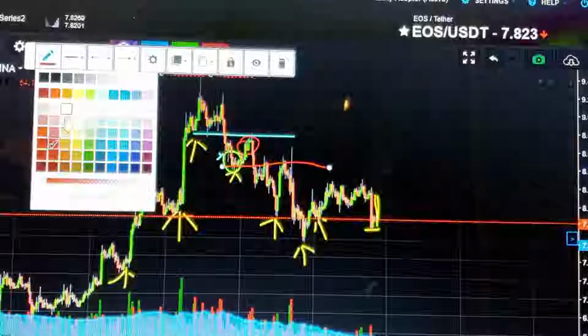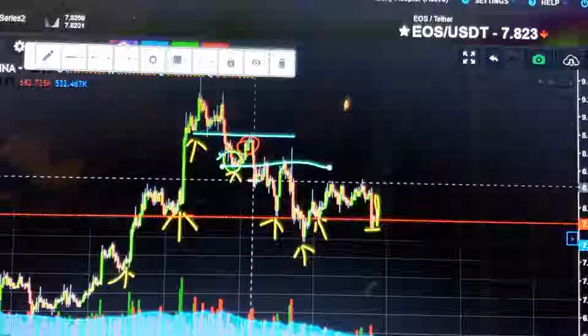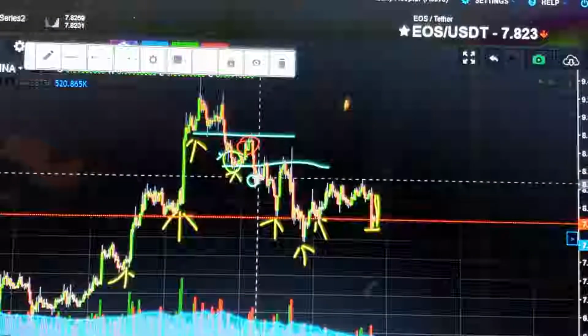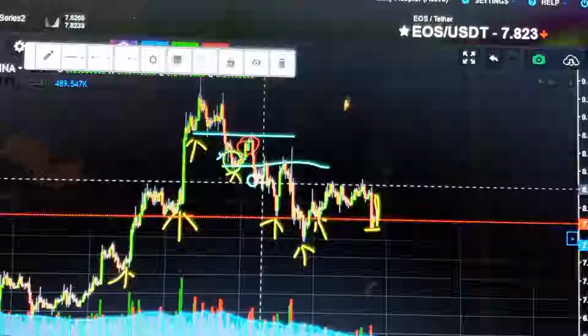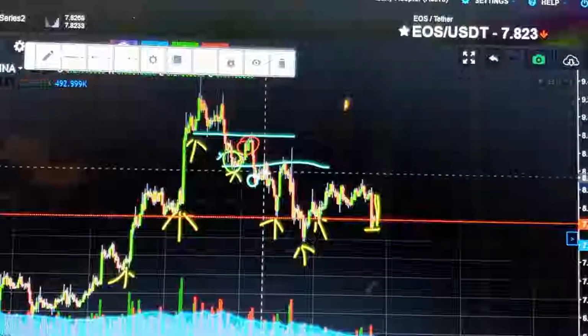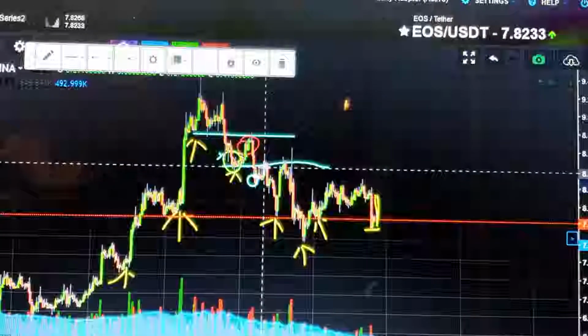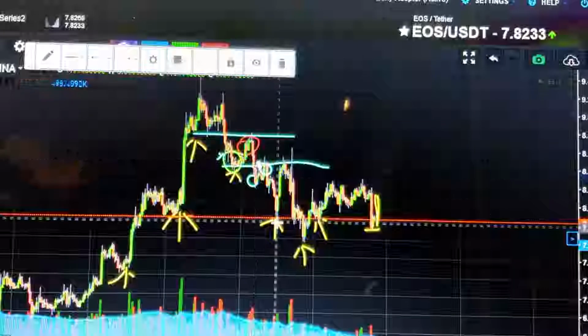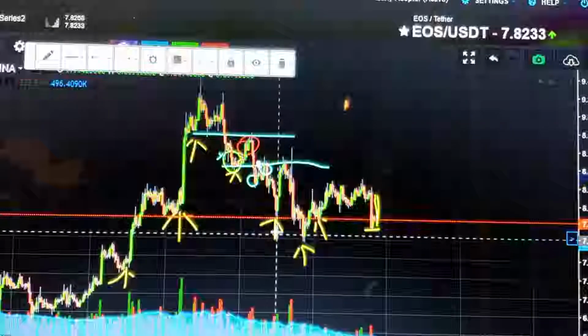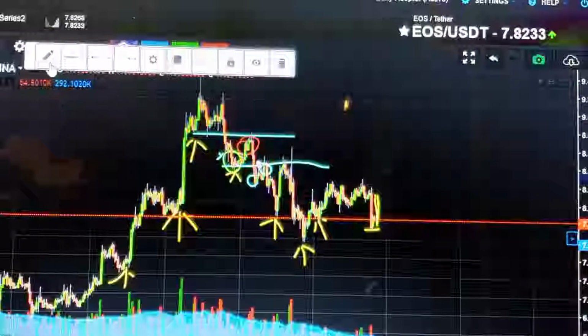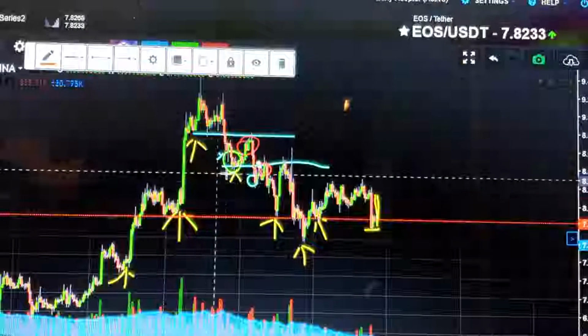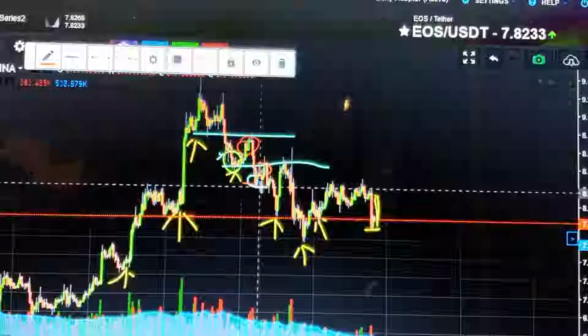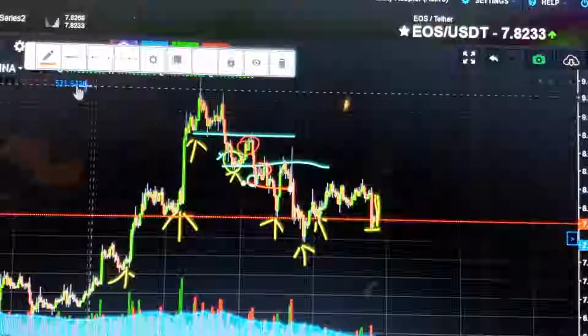So again, we're free to buy this dip here, because the market, the money's going to come give us our exit, right? Now this just became our new base right there.